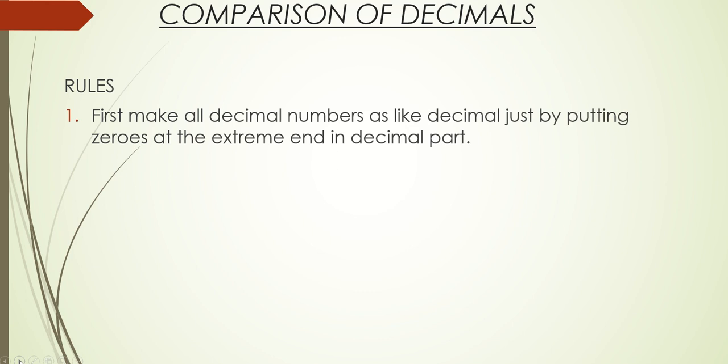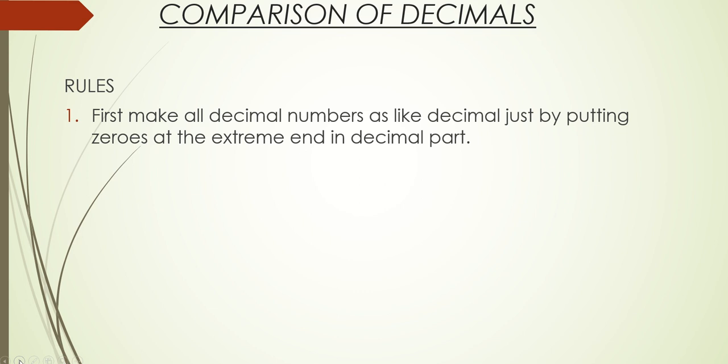First, you have to make all decimal numbers like decimals. You will not start work whenever you have unlike decimals. So be careful before starting comparison of decimals. You have to make the decimal numbers like, meaning having the same number of decimal places.